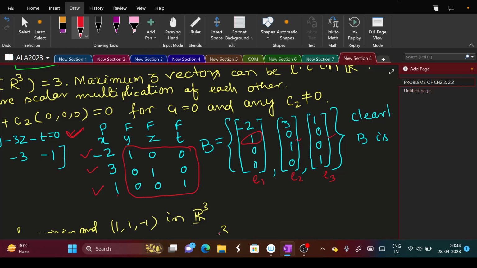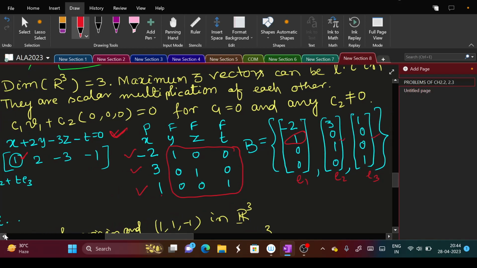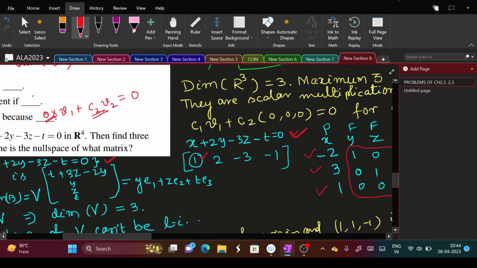So it is equal to the second variable times E1, the third variable times E2, the fourth variable times E3. Whenever we substitute the values of E1, E2, E3, we get V equal to this much. This arbitrary vector V is equal to the span of these three vectors.